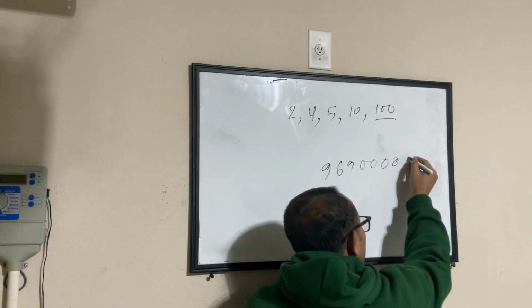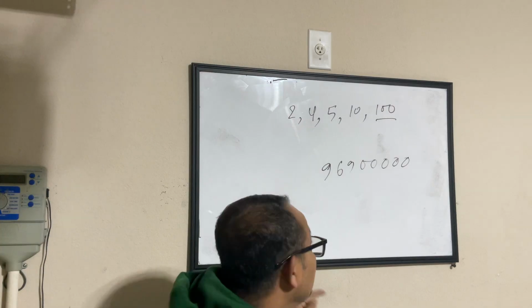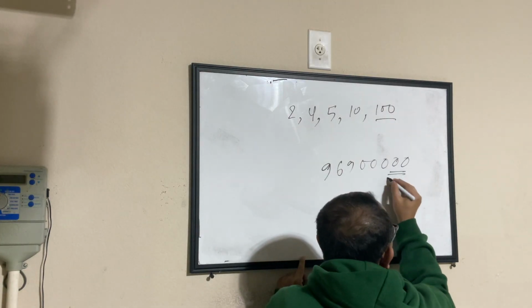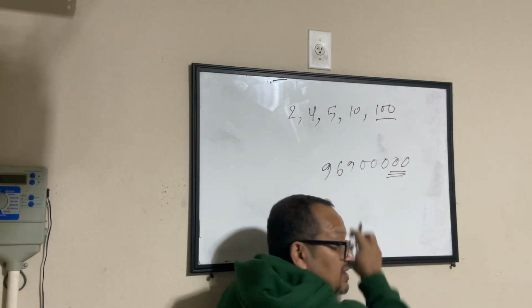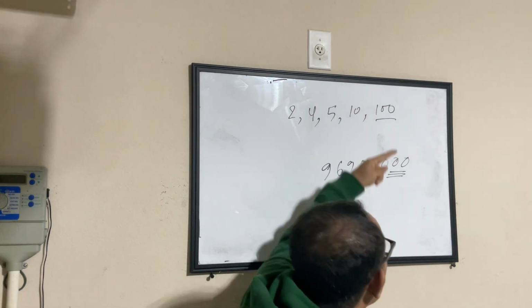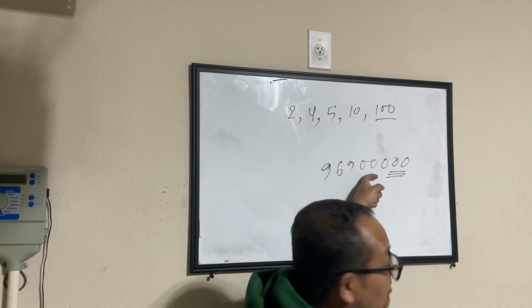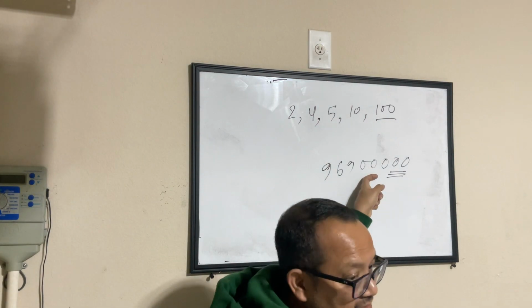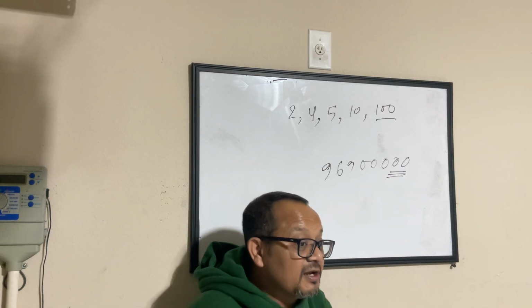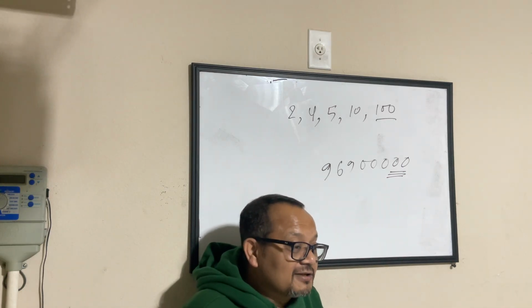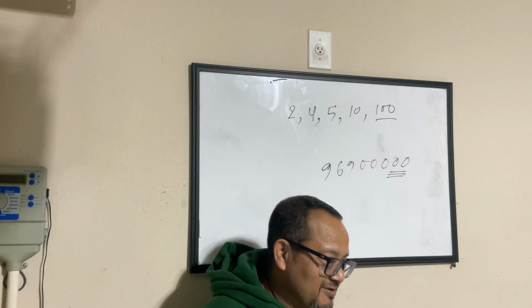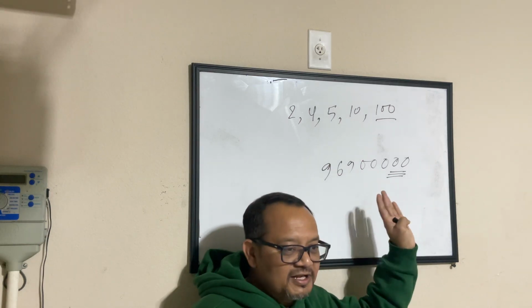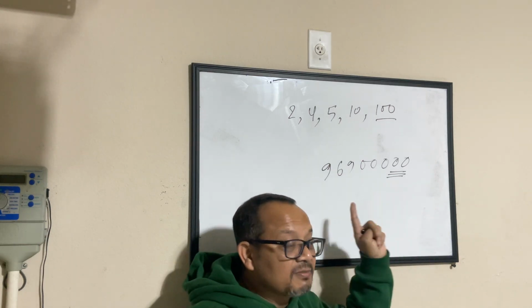If you have 5, that is perfectly okay. But you need minimum 2 zeros for any number to be divided by 100. Because 100 has 2 zeros, you need at least 2 zeros. If you have more, I don't mind. But you need minimum 2 zeros.